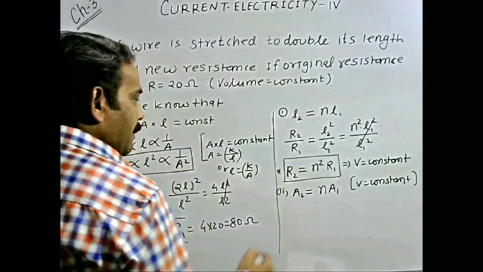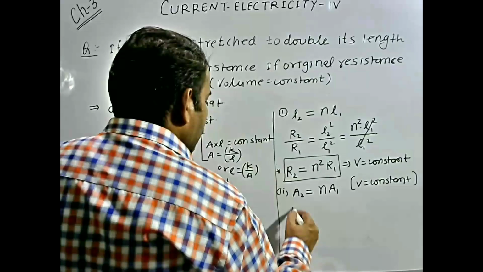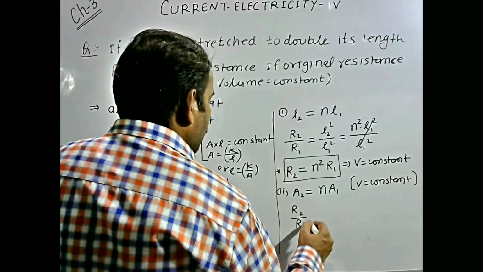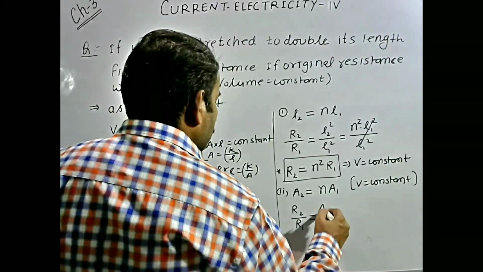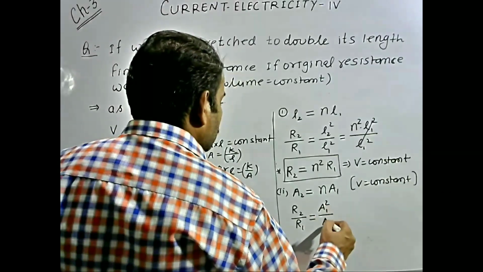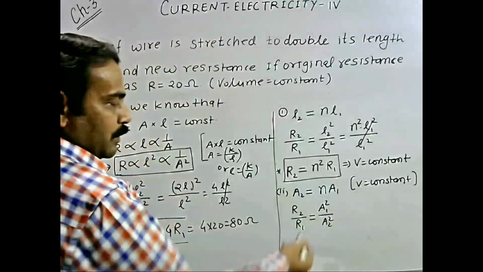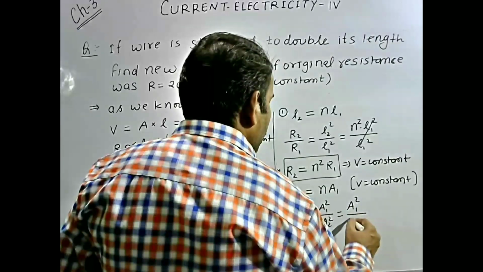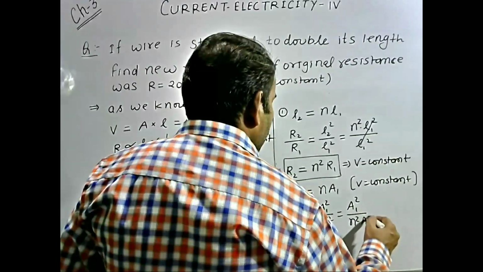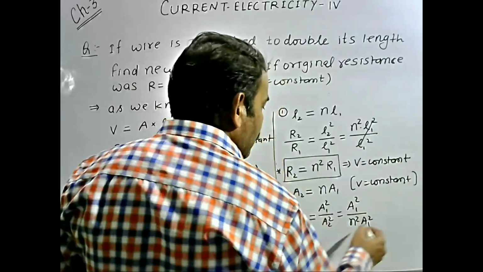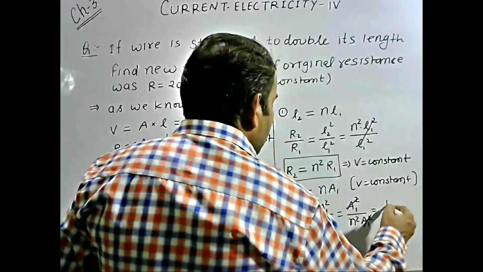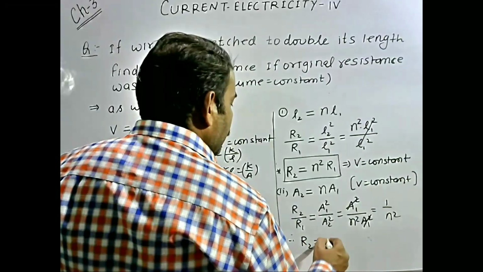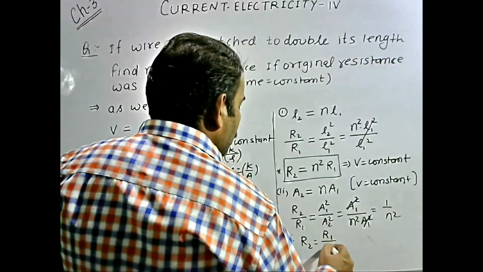Then from the relation R2 upon R1 is equal to A1 square upon A2 square. You put here the value of A2, A1 square upon n square A1 square, A1 square cancels out, here 1 upon n square. So the new resistance becomes R1 upon n square.